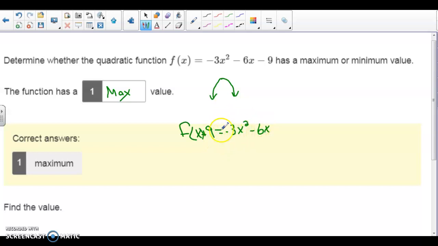Alright, and then we need to get the a value to become 1, so we're going to factor a -3 out of this. So that gives us -3 here, and then x squared plus 2x, and that equals f of x plus 9.